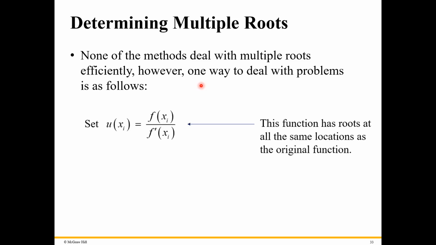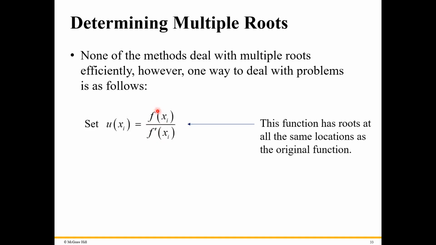So one way to deal with the problem is that you take the function and take the derivative of the function. Remember that if you have the function in the form of x, and if that function is differentiable, you take the derivative of that function at some initial value xi, and for that value of xi the derivative of the function should not be 0.